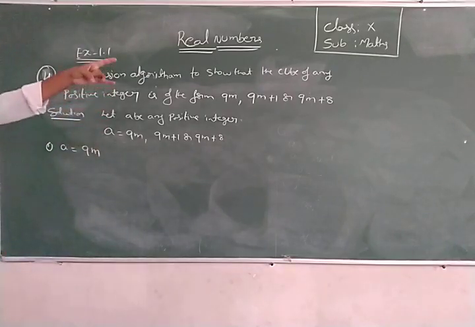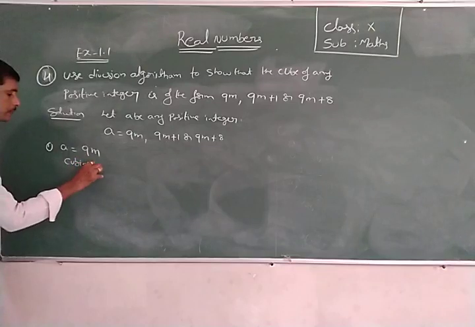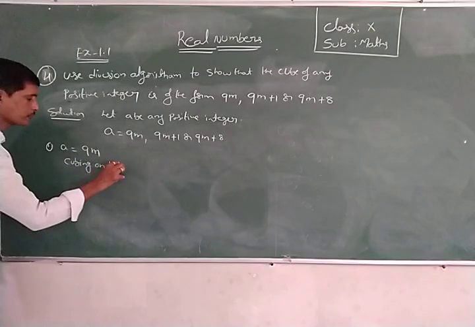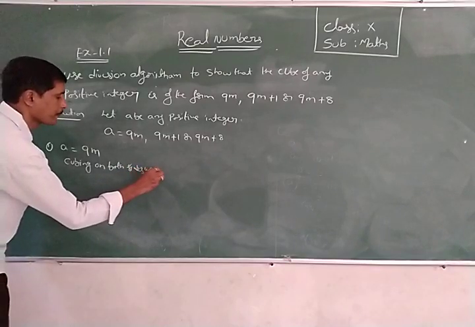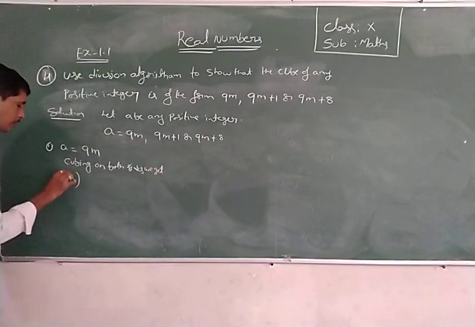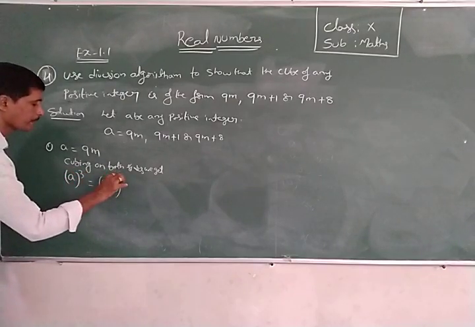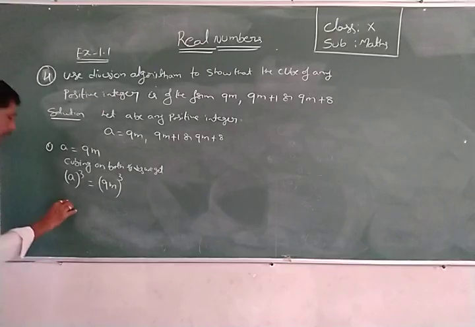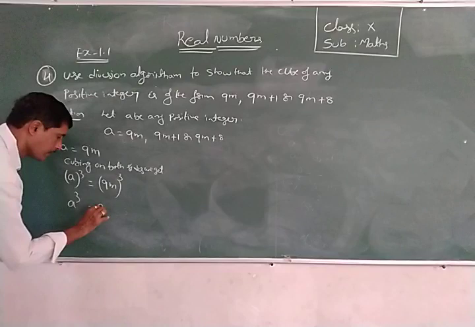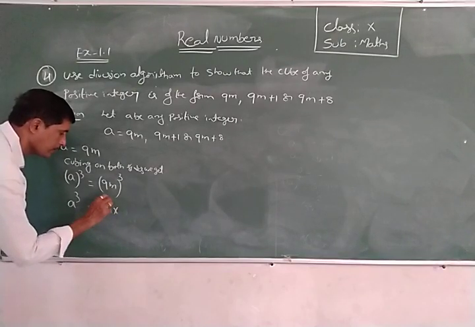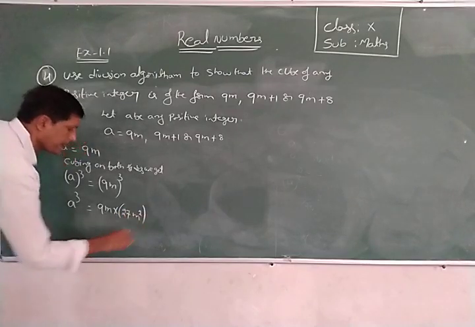Here the cube is there, so cubing on both sides, we get a cube equals (9m) cube.